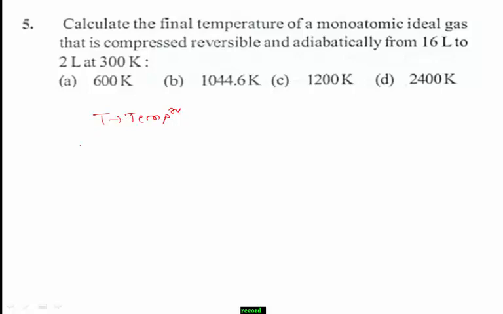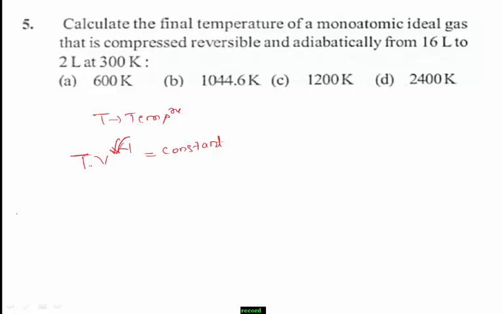Next, the expression T into V, temperature and volume raised to gamma minus 1. This value is equal to constant. Temperature into volume to the power of gamma minus 1 is constant.